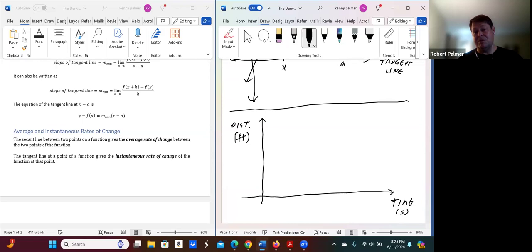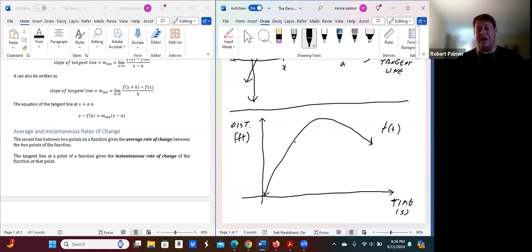It could be any units of distance, let's choose feet. Say you have some graph, maybe it looks like this. Maybe it also has a parabola shape, it doesn't really matter. This is your function f of x, or actually f of t, a function of time in this case.